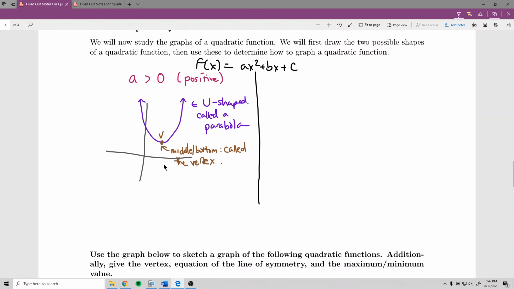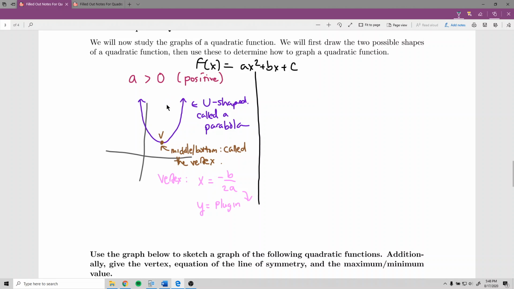One is, how do you figure out the vertex? For the vertex formula, the x value you get is negative b over 2a. And the vertex is a point. The y value is what you get when you plug in the x value. So we'll see with examples. But for the vertex, you figure out x by doing negative b over 2a, b being whatever number's here, a being whatever number's here, and then plug that result in to get the y value.